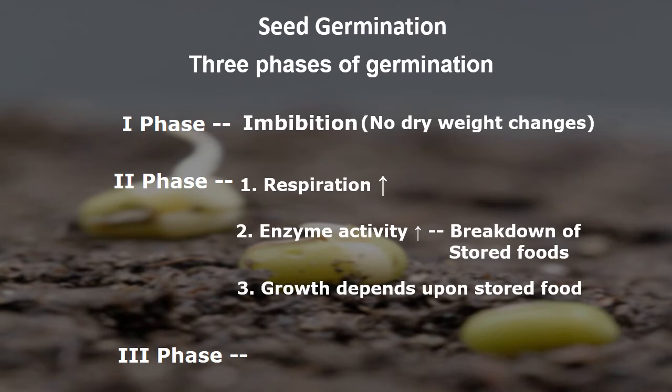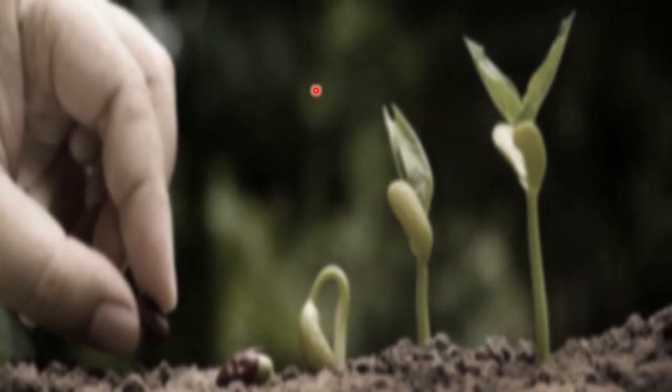And in second phase, the respiration rate increases and the enzyme activity tends to increase where the breakdown of food materials occurs, and at last growth occurs, which is dependent upon the stored food material. And in third phase, the growth is supported by the leaf photosynthesis. These are the three phases taking place in seed germination.